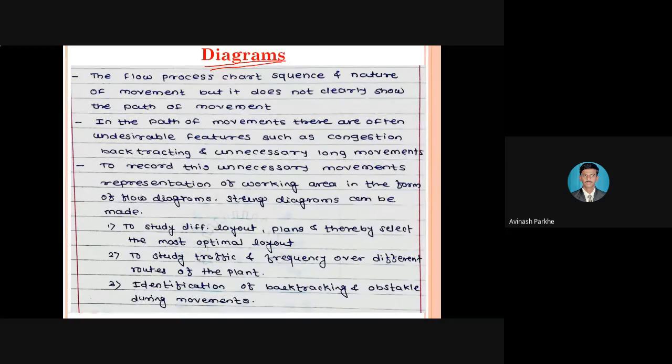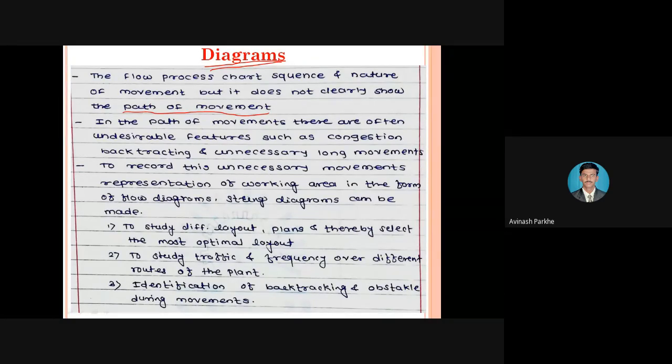So what do these diagrams represent? Here I have also written that the flow process charts, all the types of charts, will give the sequence of operation, but they do not clearly indicate the path of the movement. Through flow process charts, operation process charts, two-handed process charts, multiple activity charts, you will get the sequence and the nature of the movements, but they do not clearly show the path of the movement, whether your component is moving in a horizontal direction, a vertical direction, or an inclined direction.